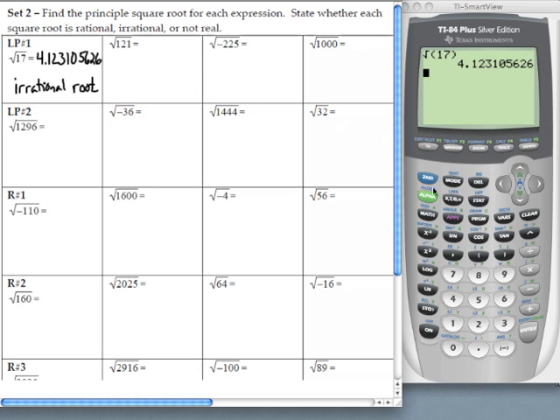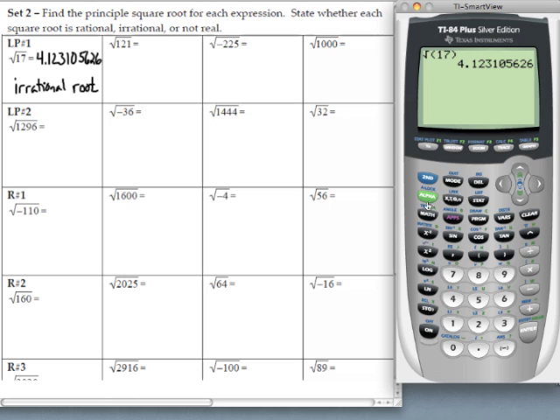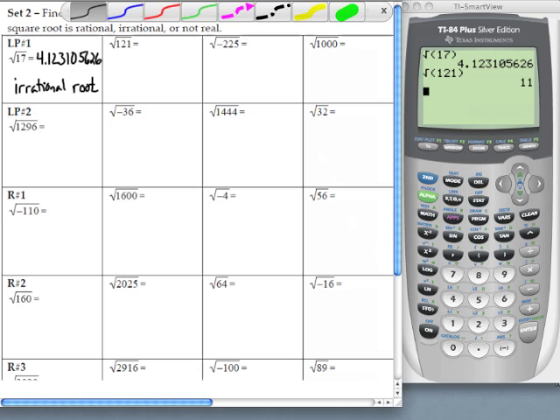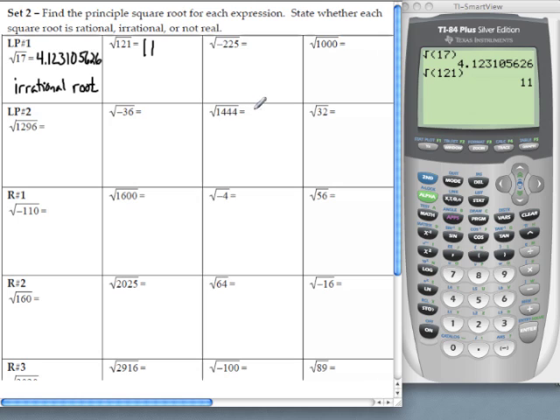Let's do the square root of 121. So we'll second x squared, type in 121, close that radical, hit enter, and we have 11. So this root came out to be a nice number, and this was a rational root.